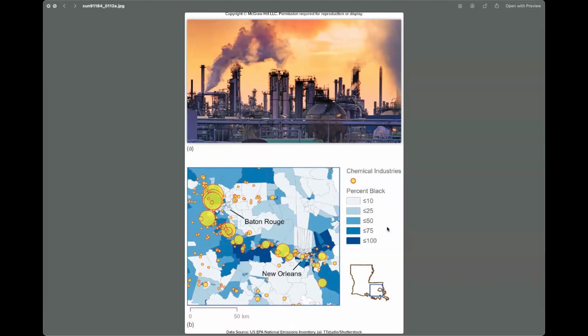So Cancer Alley is a region with incredibly high cancer rates, and this is what you might call an epidemiological map, meaning that in this case, what it's mapping is the chemical industries. That's the circles, and then the colored regions is the percent of the population that's African American or Black, and the correlation between the presence of these chemical industries and the cancer rates among the Black population of this region. It's actually all on the Mississippi River.